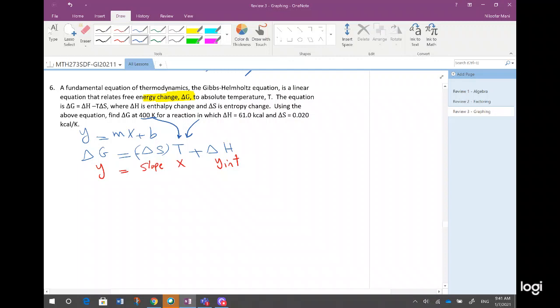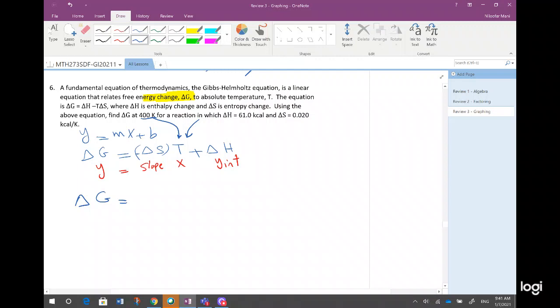Yes, we do the substitution and calculate, but I want us to be careful about the unit and understand something about unit. So what is delta S here?